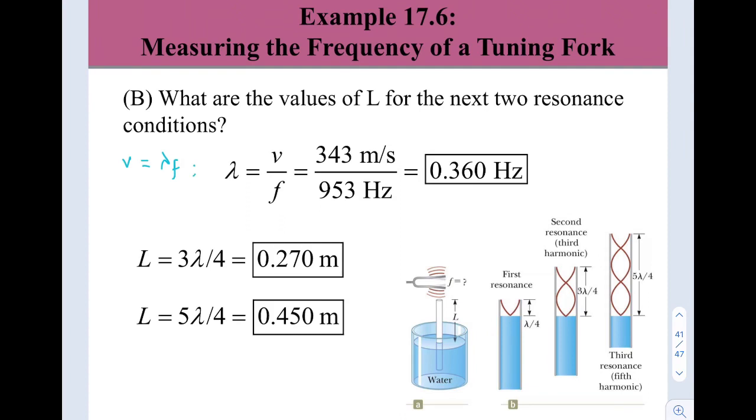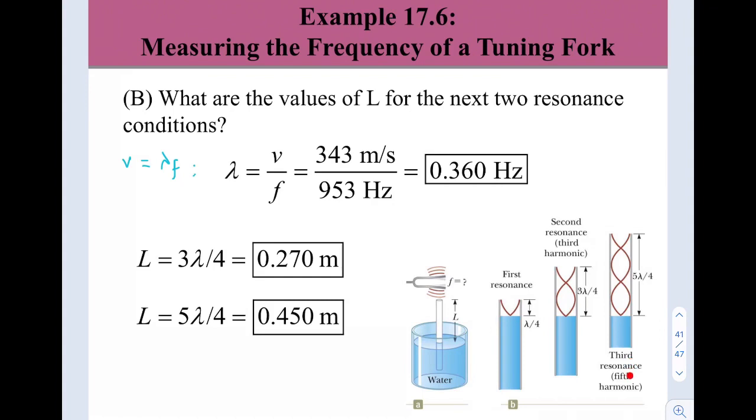Based on this figure, for the second resonance or third harmonic, the total length is equivalent to 3 lambda over 4. So make use of this lambda, substitute it here. You will have L is 0.27 for the second resonance or third harmonic.